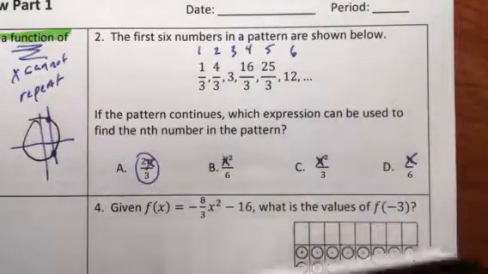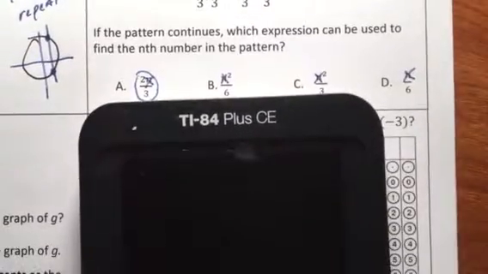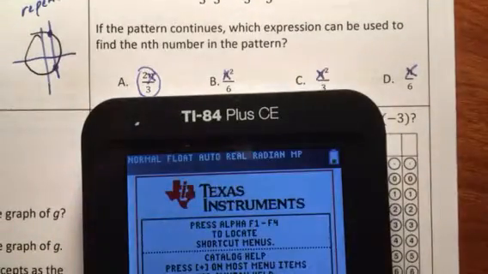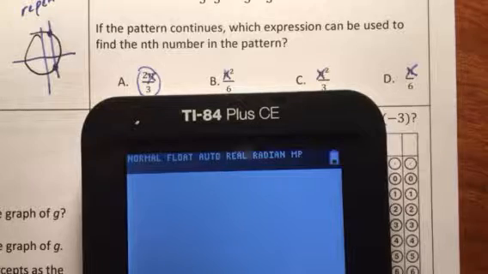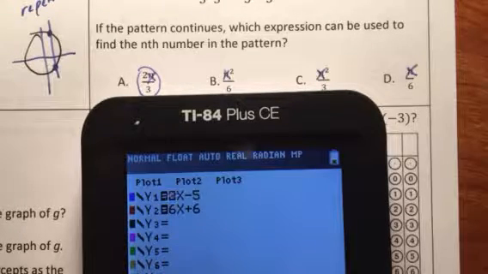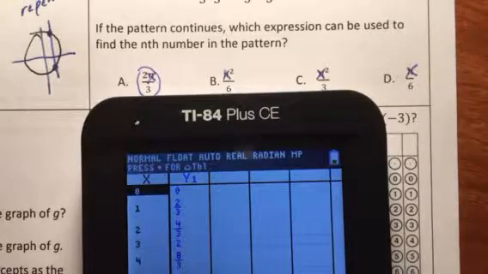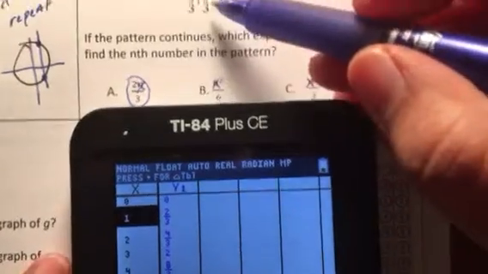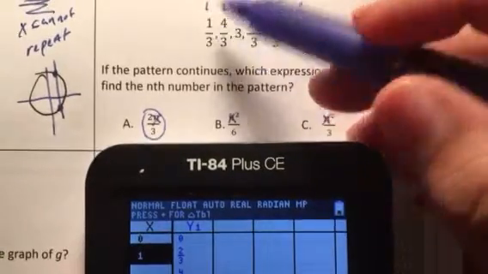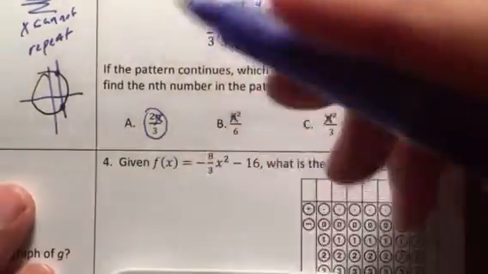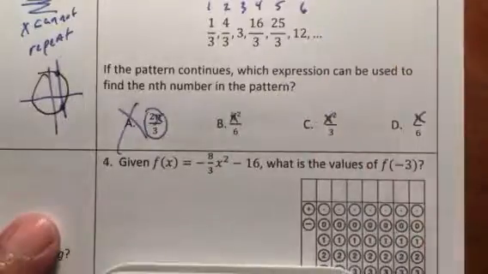So I'm going to go to y equals on my calculator, and I'm going to type in 2x over 3. I want the first term to be 1/3. Well, this is 2/3, so that's already wrong. So this is not your answer.